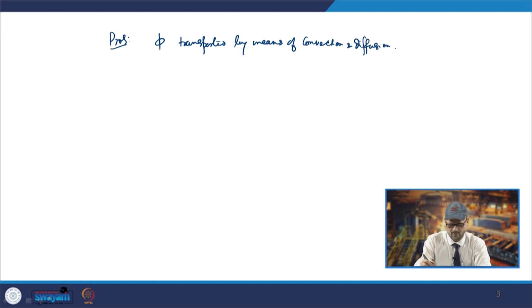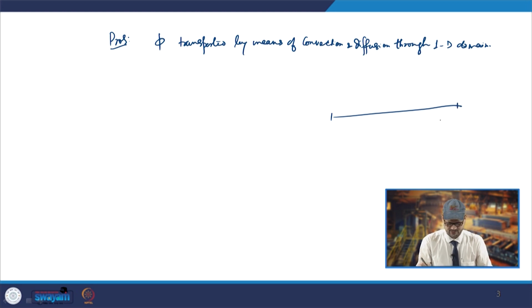So it is a problem of convection and diffusion through a one dimensional domain, and this way your phi is transported, and you have the conditions which are given.